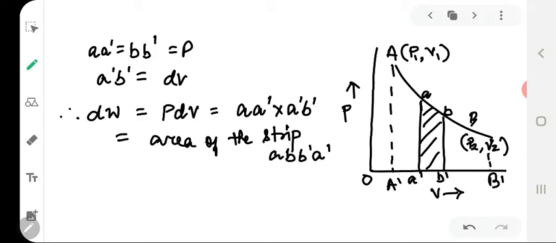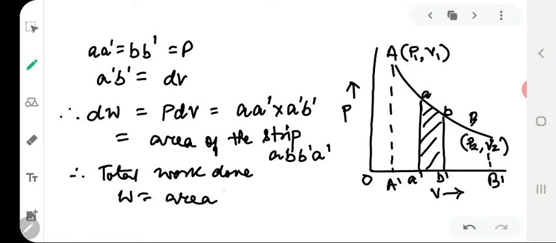So obviously the total work done W will be equal to the area A B B dash A dash.